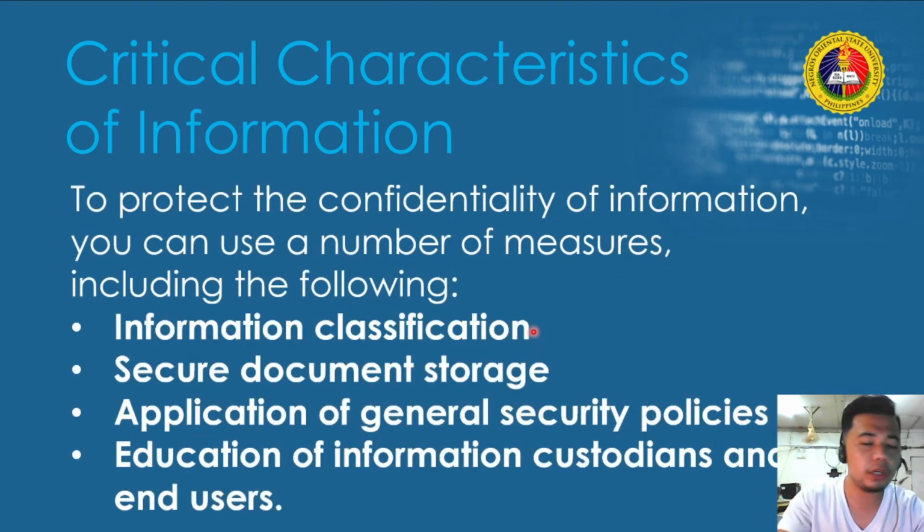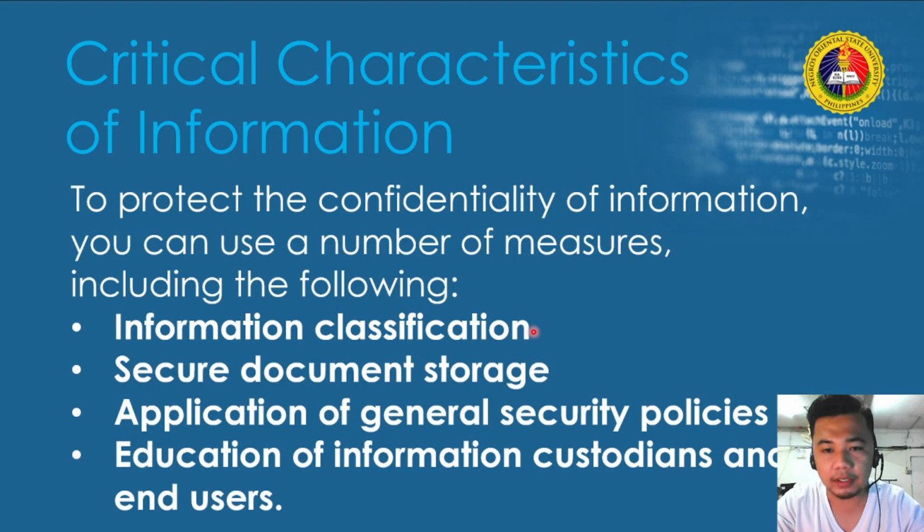Now, for large-scale information, here are some of the measures on how to protect the confidentiality of information. The first one is information classification. Information classification helps to ensure that individuals inside the organization know what type of data they are working with and its value, as well as their obligations or responsibilities in protecting it and preventing data breach or loss.